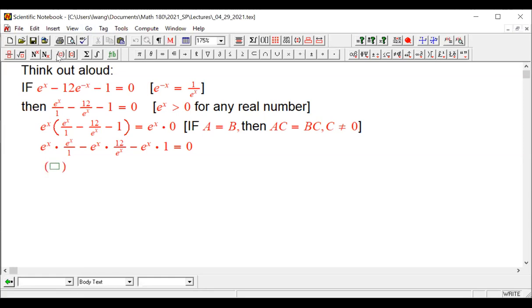And that's e to the power x squared, because e to the power x and e to the power x, that's reduced. So we have minus 12 and minus e to the power x, because e to the power x times 1 is e to the power x, equals 0. This is the quadratic equation we end up with. You can switch the places between negative 12 and negative e to the power x, and there you go. This is the quadratic equation.